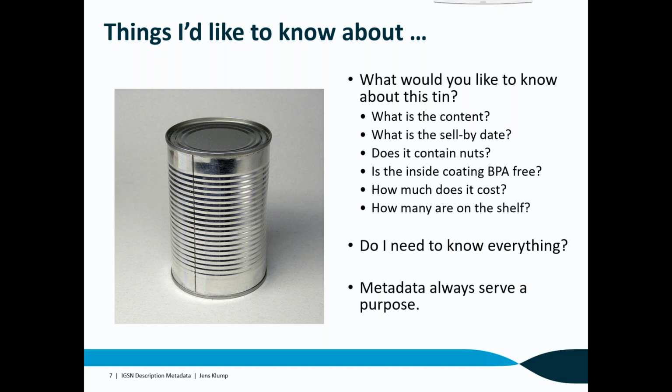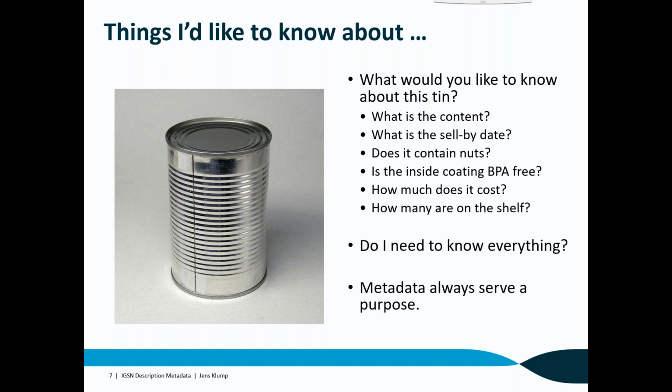Does it contain nuts? Is the inside coating BPA free? How much does it cost? When I'm at the cashier paying, I maybe don't care about whether it contains nuts, but I do want to know how much it costs. And as the vendor, I might be interested in how many of those are still on the shelf. What does the supply chain look like, etc. And there's so many more questions you can ask.